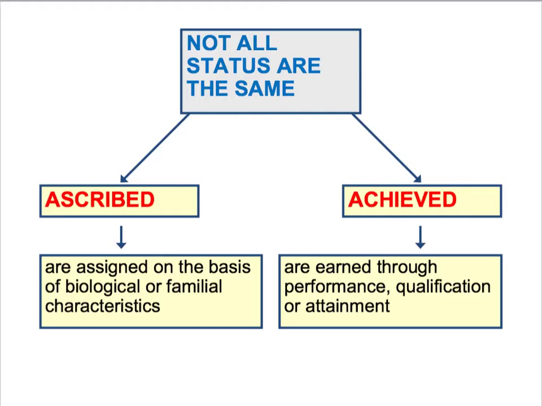And these characteristics might be a person's gender, it might be a person's ethnicity, it might be the social standing of their family. In contrast, an achieved social status is one that's earned. So it's based on individual merit, it's based on the performance, qualification or attainment of an individual person.